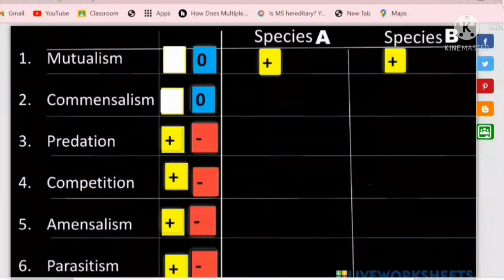In case of commensalism, one species gets benefited whereas the other one neither gets benefited nor harmed. Then comes predation. In case of predation, the predator will get the benefit whereas the prey will be harmed.